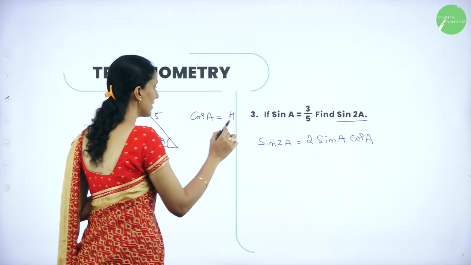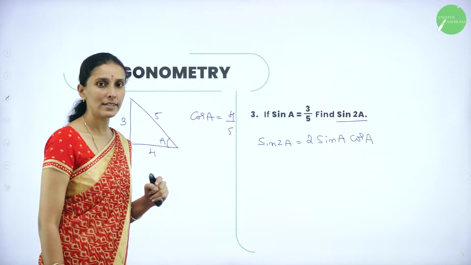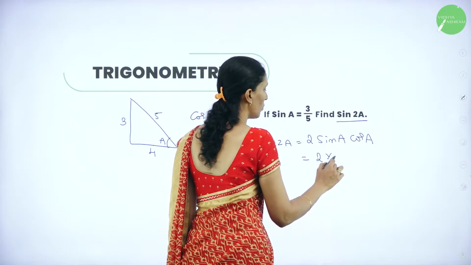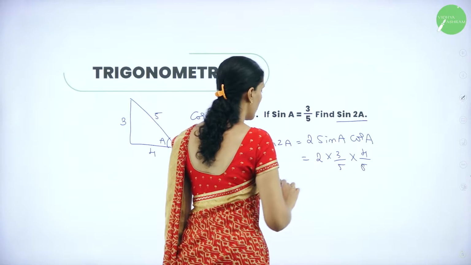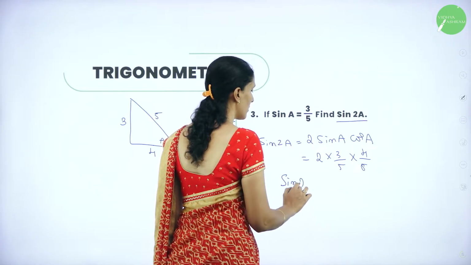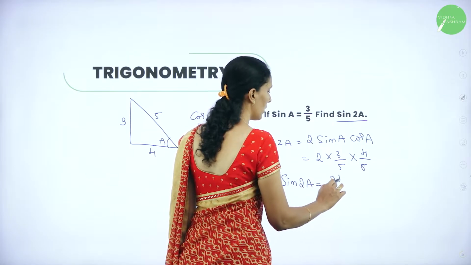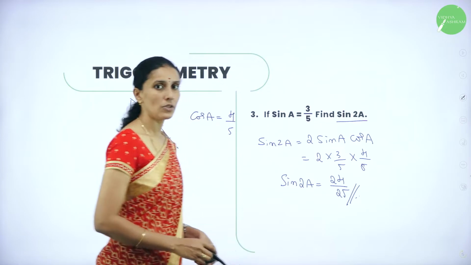That is, adjacent side to this is 4 and hypotenuse is 5. So, cos A is 4 by 5. So, here if you substitute, it is 2 into 3 by 5 into 4 by 5. So, sine 2A is 2 3s are 6, 6 4s are 24 divided by 25. So, this is the value of sine 2A.